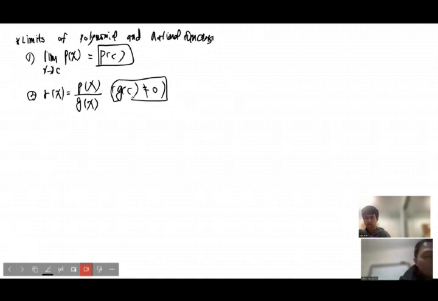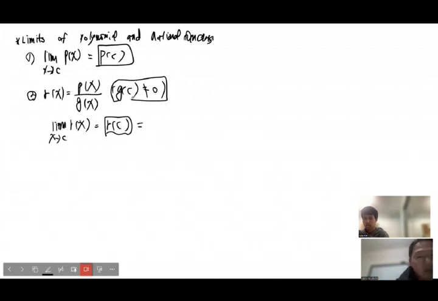And now, if you find the value of r(x) as x goes to c, that should be the same as r(x) with x equal to c. So you replace x with c, then the limit of r(x) should be r(c).